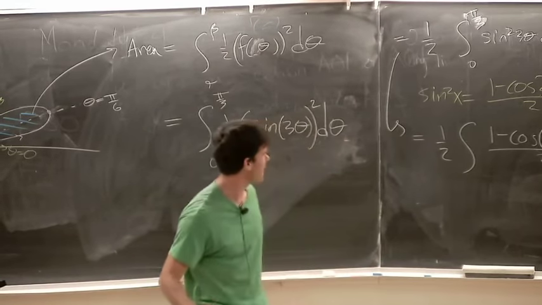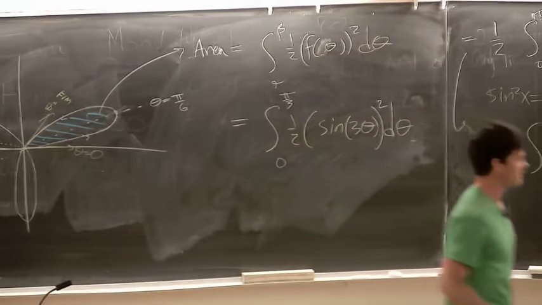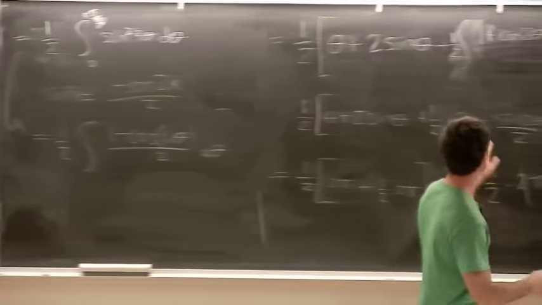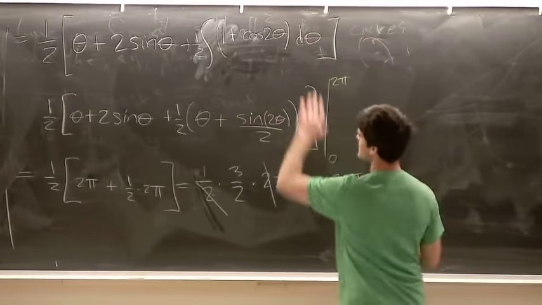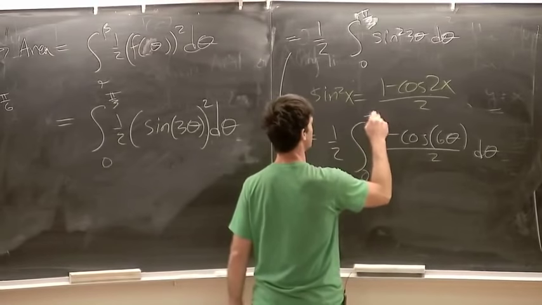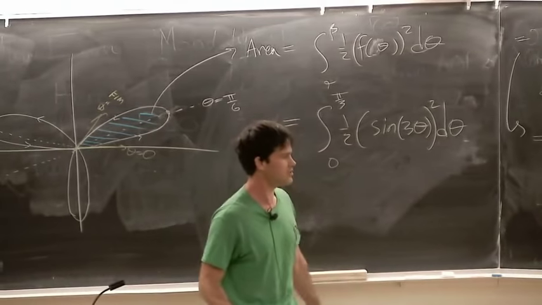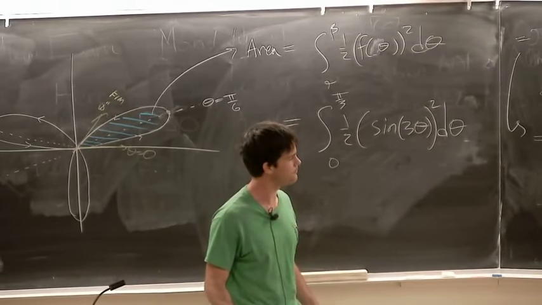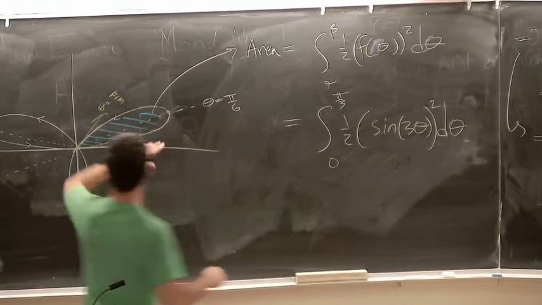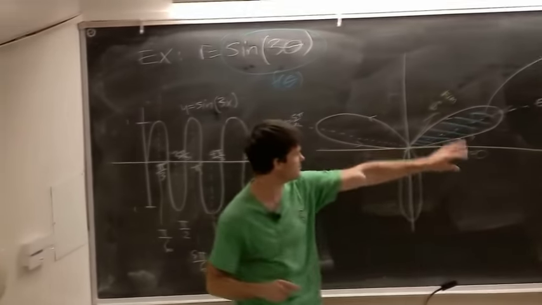And then you can, I'll let you guys finish that one. It's a lot like this problem here. So I can just stop this one right here. You guys can work it out if you want to see what the actual numeric number is. Okay, so that would give us the blue area of this petal right here.